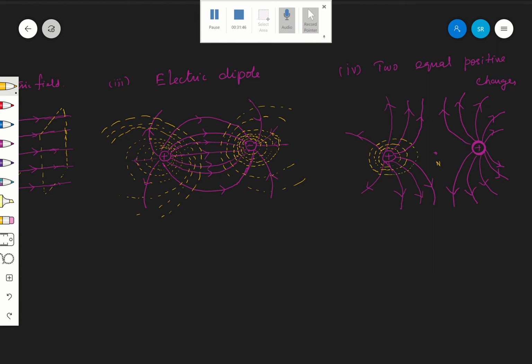We are following the same way here. Here the field is weaker, therefore they are closer, but as they come here it will be like this.